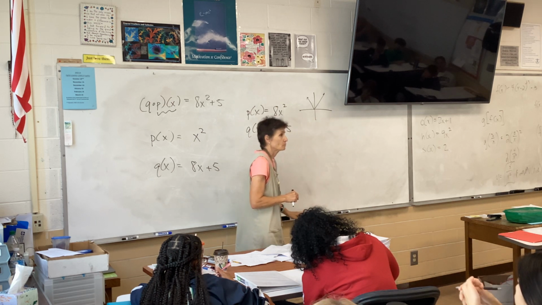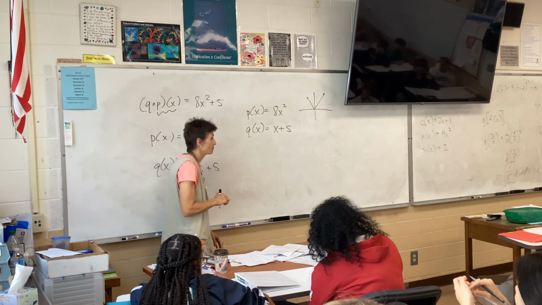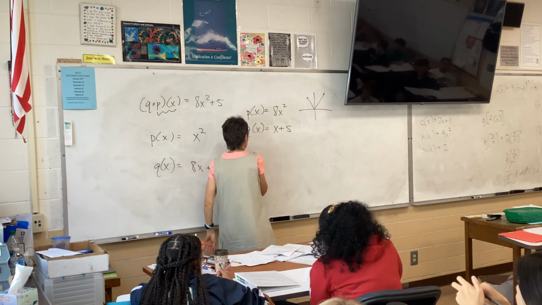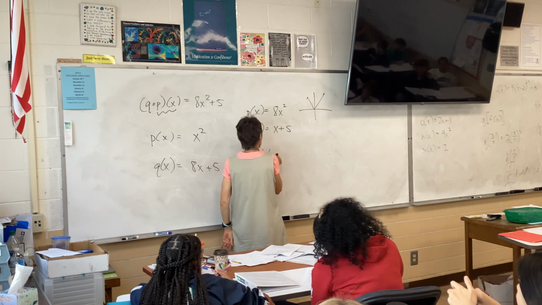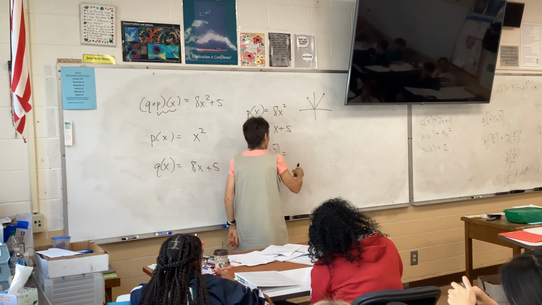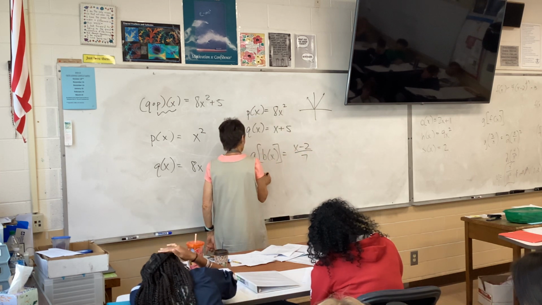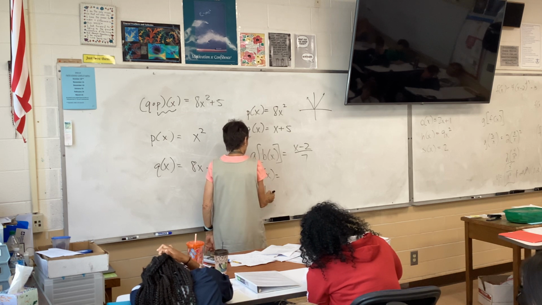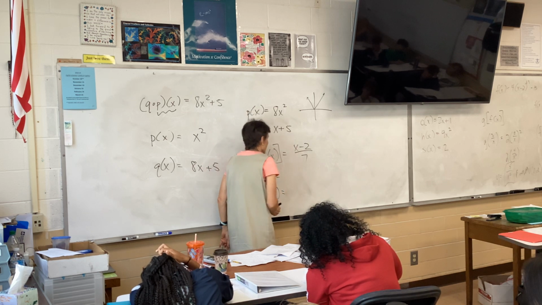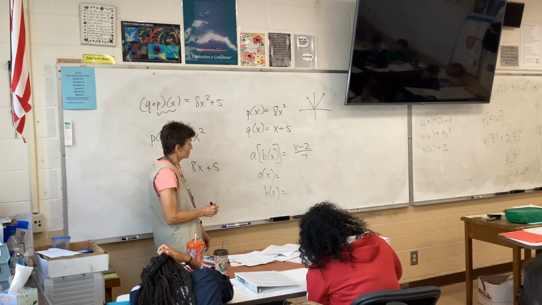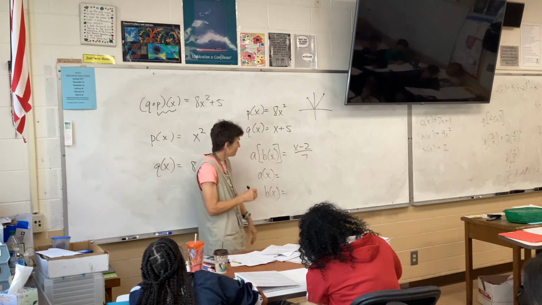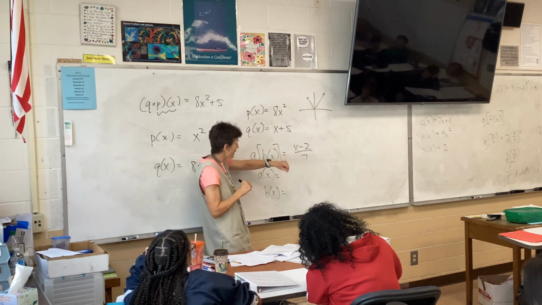We'll do a couple more of those. So let's say A of B of X is X minus 2 over 7. So look at your composition. 2 things are happening.